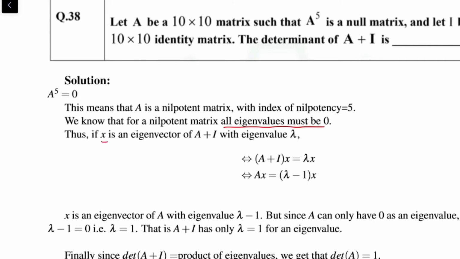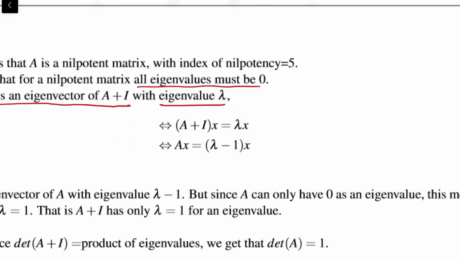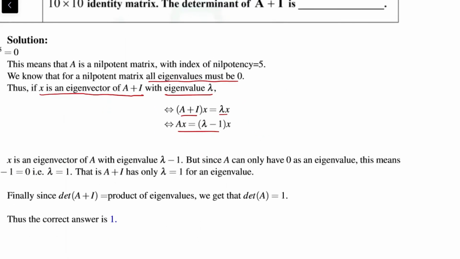Now let's say x is an eigenvector of A plus I with eigenvalue lambda. This is basically that (A plus I)x is equal to lambda x, and I can take this Ix onto the right hand side and get that Ax is equal to (lambda minus 1)x. That means that x is an eigenvector of A with the eigenvalue lambda minus 1.